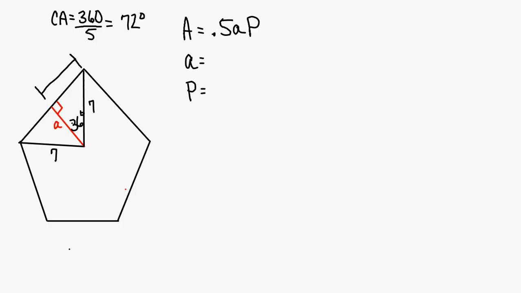All right, if you use sine, cosine, tangent, you're dealing with hypotenuse and adjacent. Hypotenuse and adjacent is cosine. So cosine 36 equals adjacent over hypotenuse, which is 7.